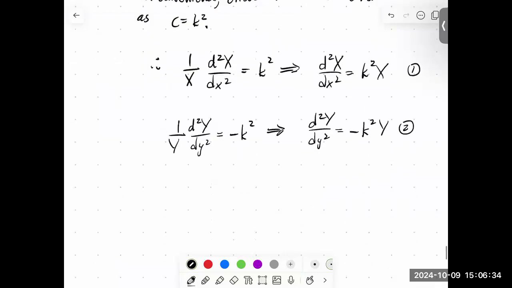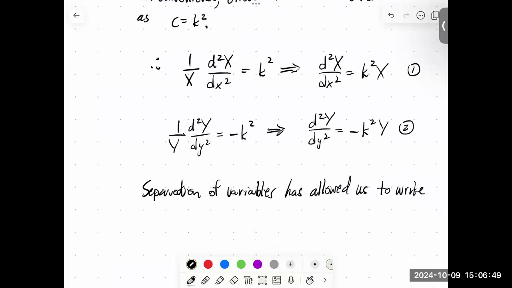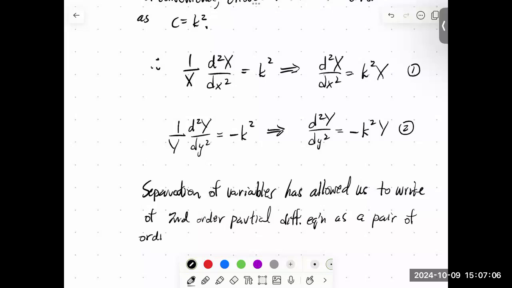Okay, so separation of variables has allowed us to write our second order partial differential equation as a pair of ordinary differential equations.